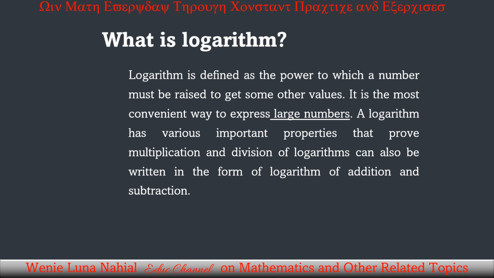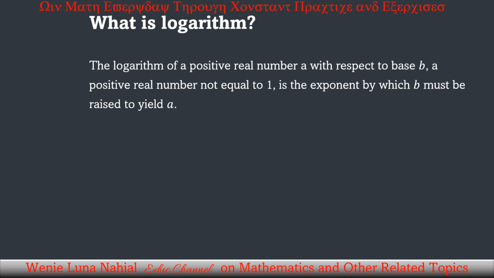addition and subtraction. The logarithm of a positive real number a with respect to base b, a positive real number not equal to 1, is the exponent by which b must be raised to yield a. So in symbol, we have here the exponential form b raised to y equals a.